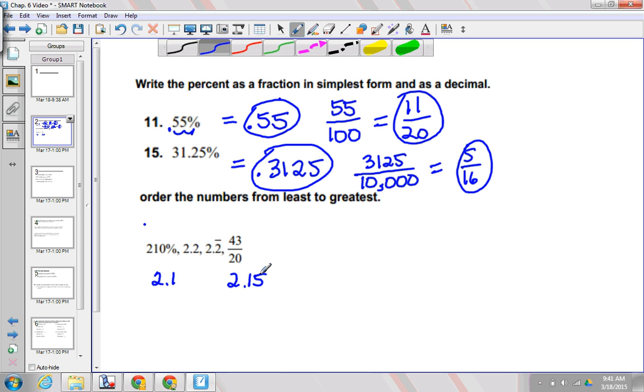So if we're going to put them in order, first would be our 2.1. So we'd write 200% first, 210%. Second would be 2.15, so that's 43/20. Next would be 2.2. And last would be 2.2 repeating. How'd you do?